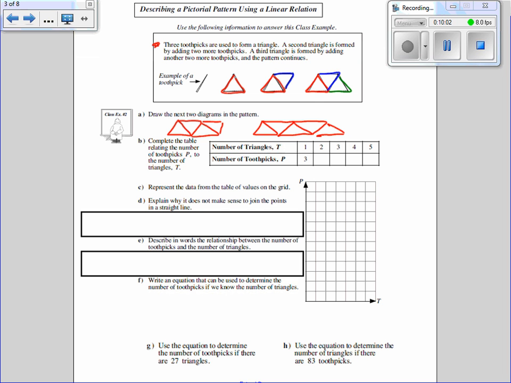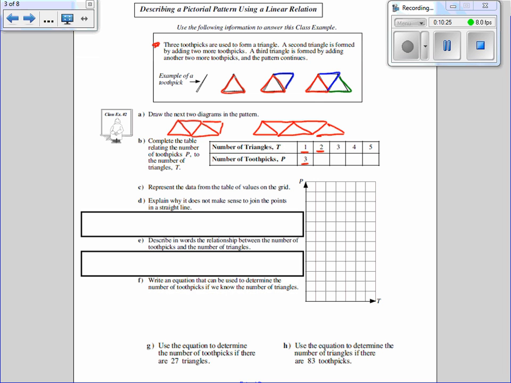So part B says complete the table relating the number of toothpicks P to the number of triangles T. They've already filled the first one for you. They said if you want one triangle, you need 3 toothpicks. If we look at our diagram, how many toothpicks do we need for 2 triangles?